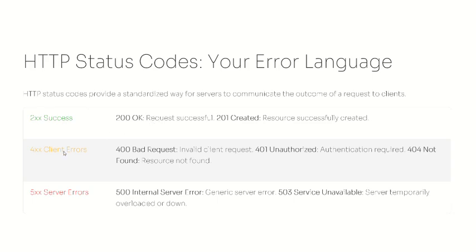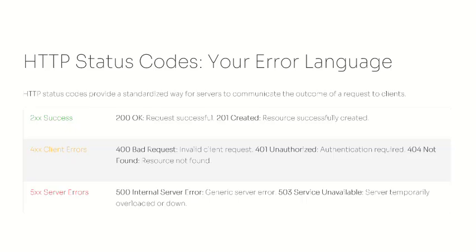Next, second one is 4xx, which means client side errors like 400 bad request, 401 unauthorized, or 404 not found. 5xx means server side errors, for example, 500 internal server error or 503 service unavailable. The key point is to always return the correct status code. This makes debugging easier and helps other systems like APIs and monitoring tools understand what went wrong.